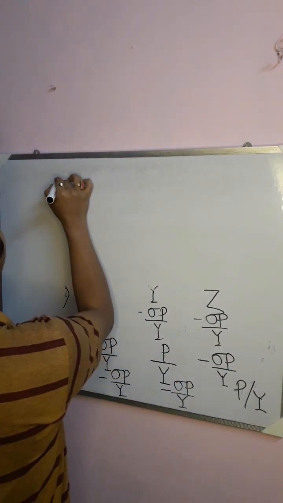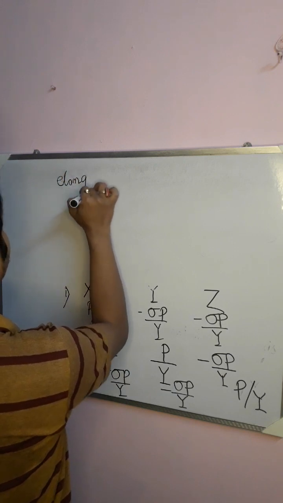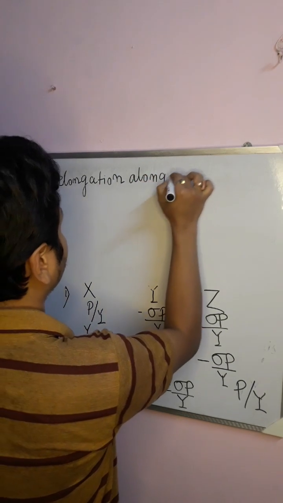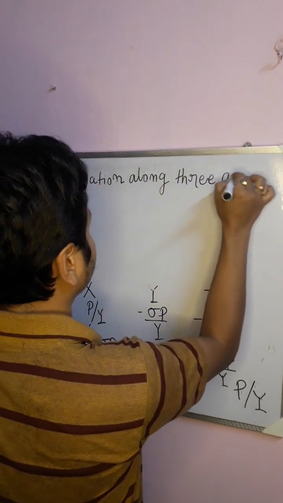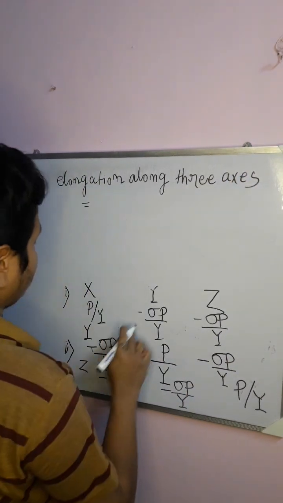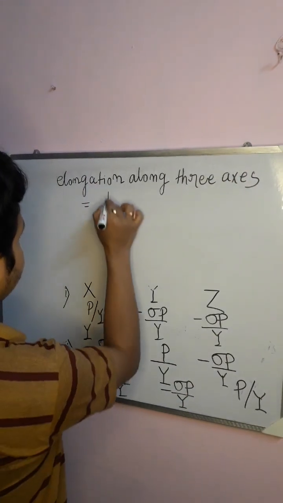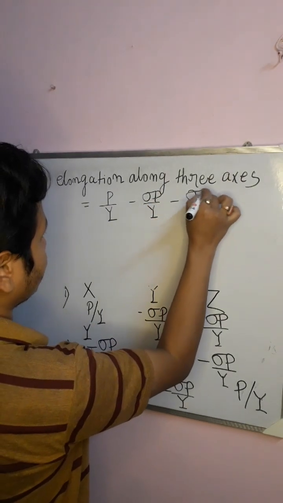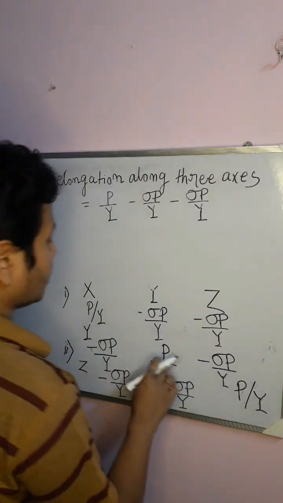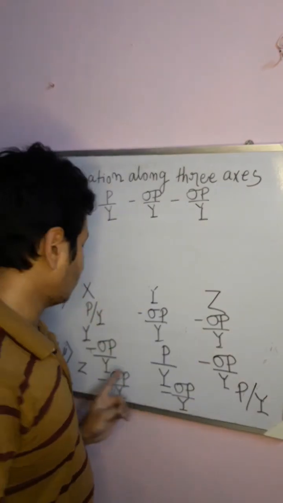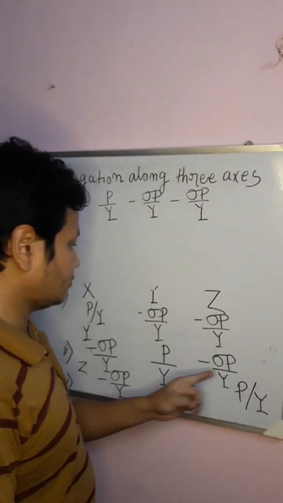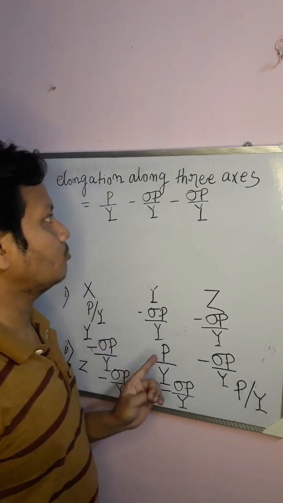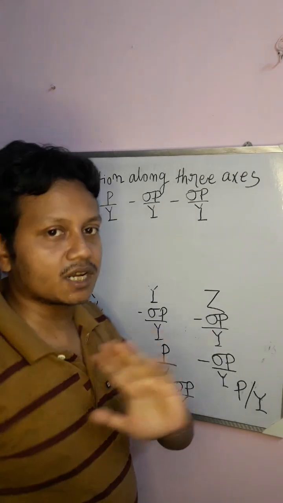For the x axis, this is simply p by y minus sigma p by y minus sigma p by y, and similarly for the y and z axes the expression will be the same, because minus sigma p by y is twice and p by y is one time, and here also. So along the three axes the elongation will be the same.